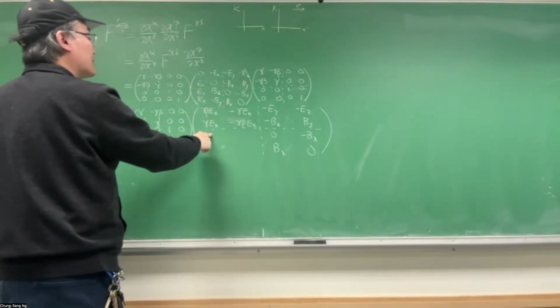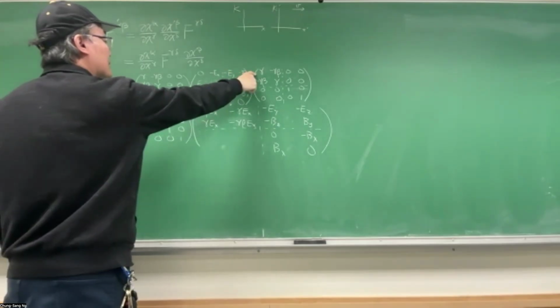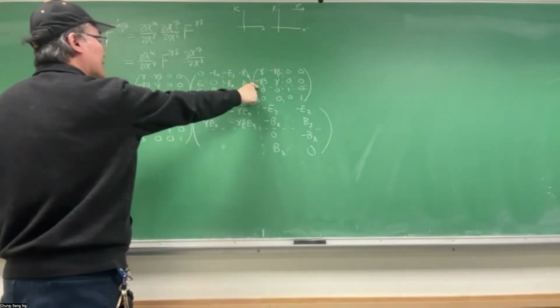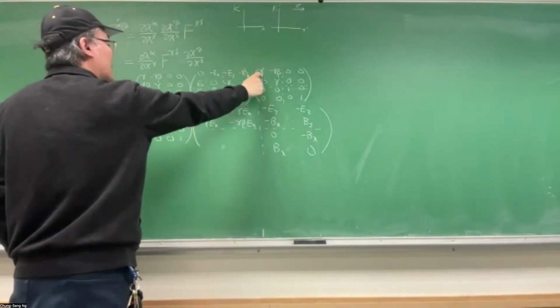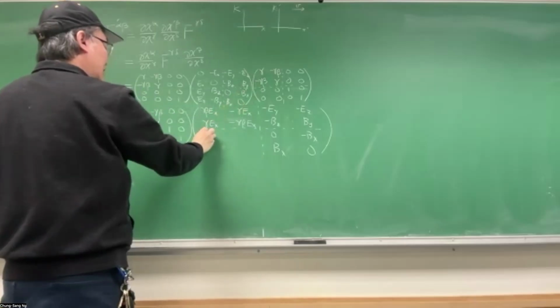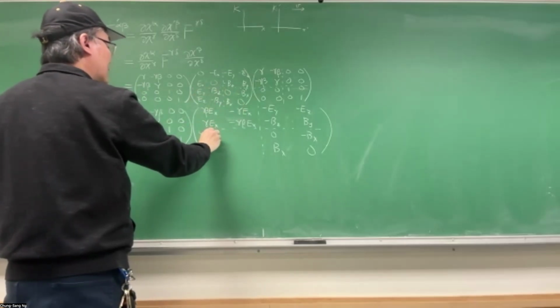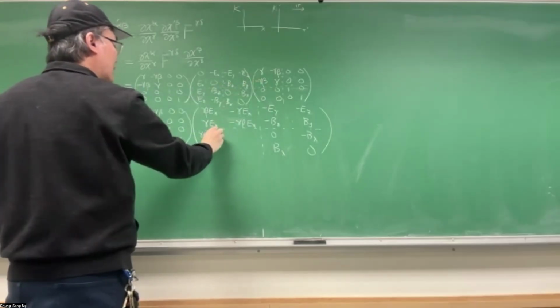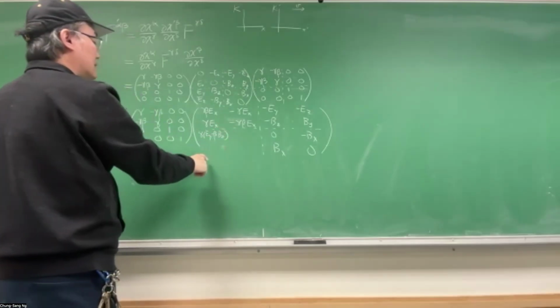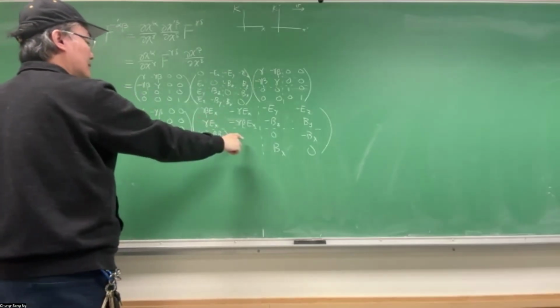This one is this times this plus this times that. Both have a gamma, so take a gamma out. So E_y, and then minus beta B_z. Okay, so that's the first element.